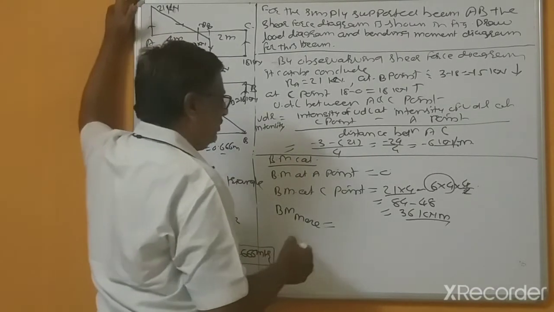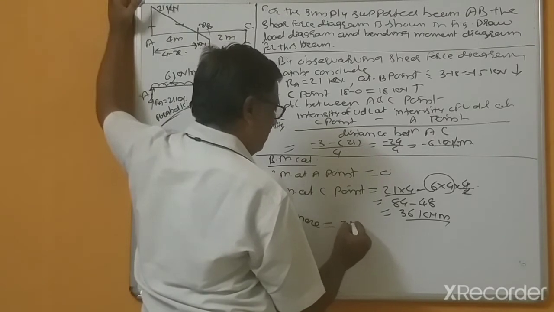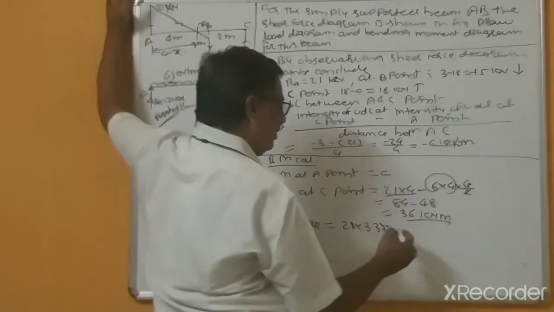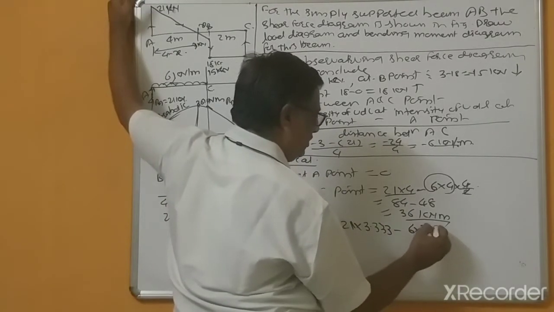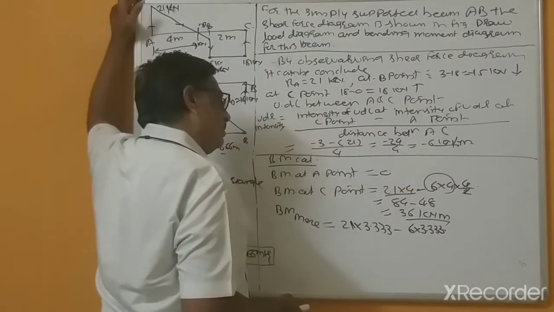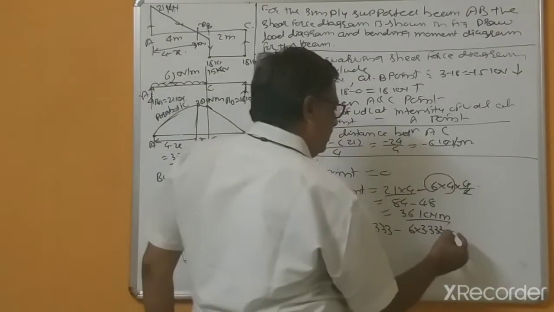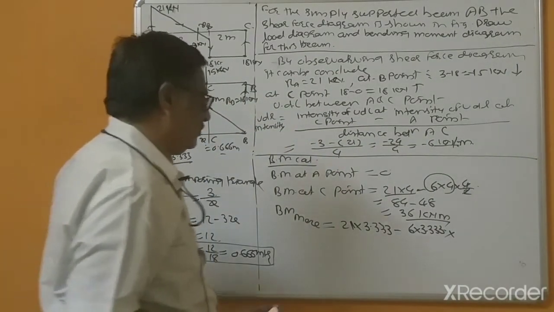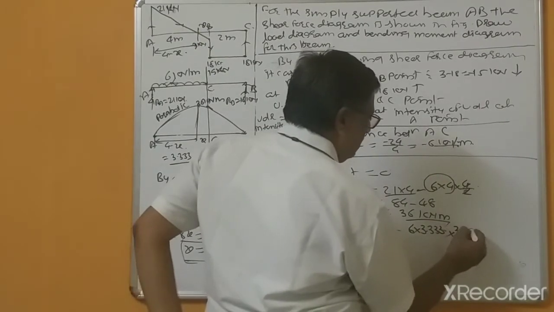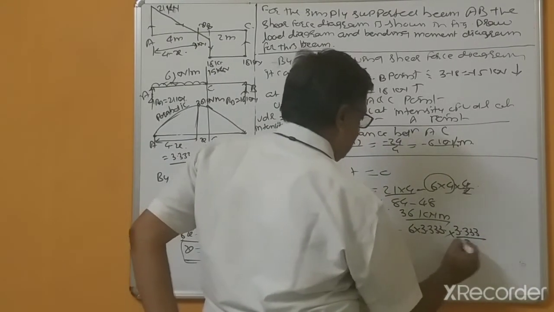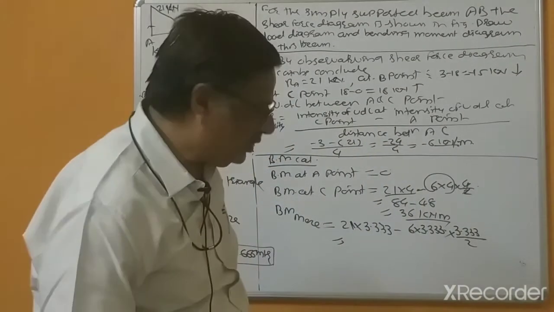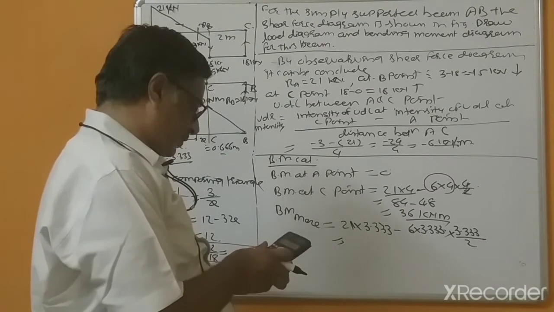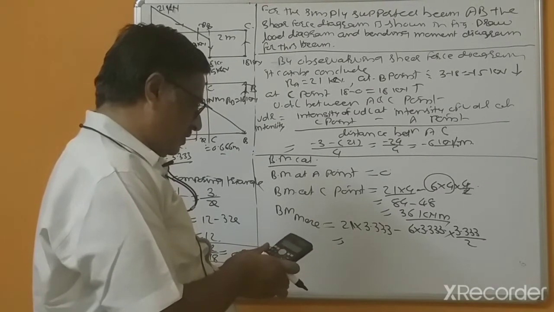Maximum bending moment equal to 21 multiplied by distance 3.33 minus 6 into distance 3.333 multiplied by 3.33 divided by 2. Now we request calci. 21 into 3.333.